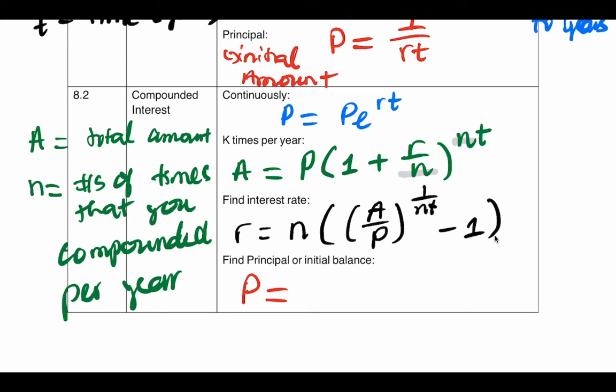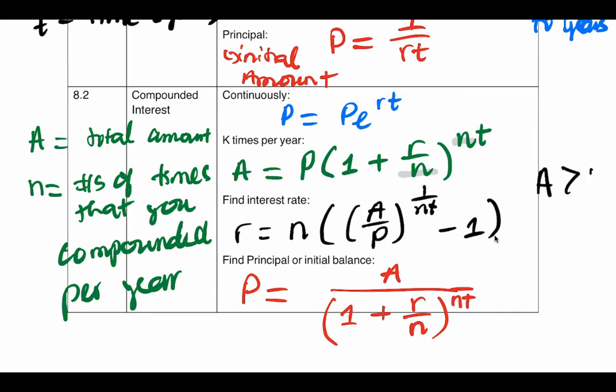That's P. You're going to use this 1 plus R over N to the N T. Okay, here's something that you want to remind yourself: A is the total amount. A is always bigger than P. They're both in dollars, but A is the total amount. The total amount is going to be bigger than just the principal, how much you took as a loan at the beginning. Okay, so A is the bigger value.